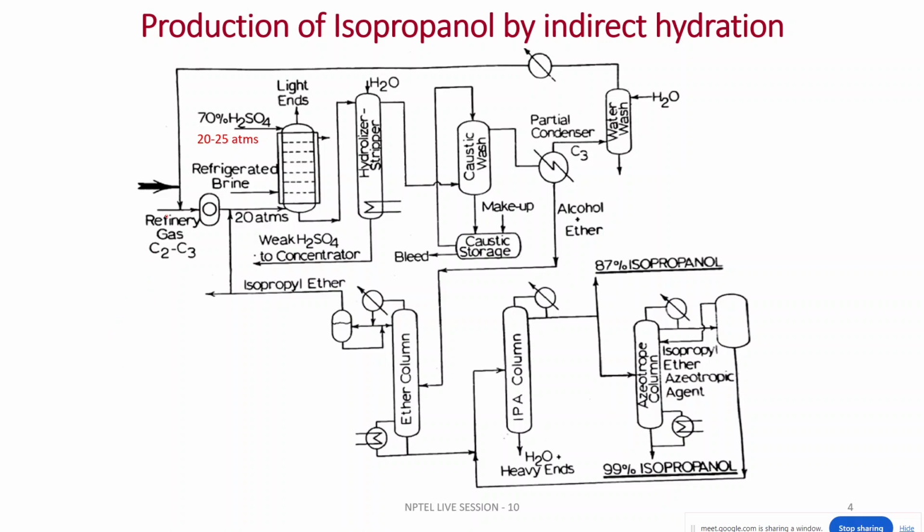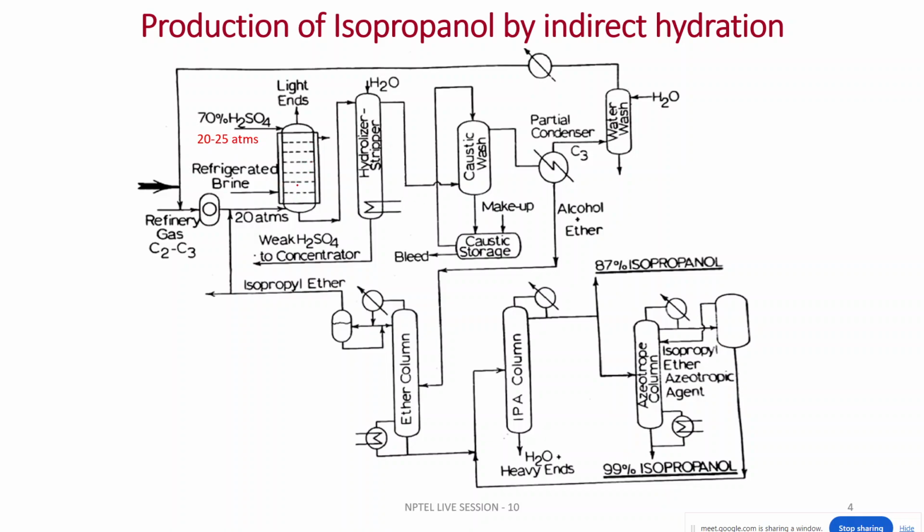We will start from this end, where the refinery gas that has C2 to C3 carbon in the gaseous form is pressurized to 20 atmosphere and fed to the sieve or tray kind of absorber.